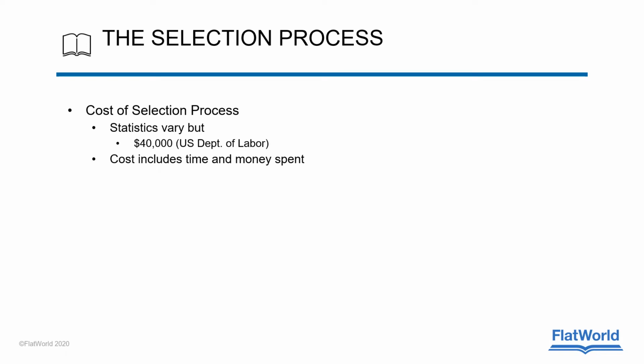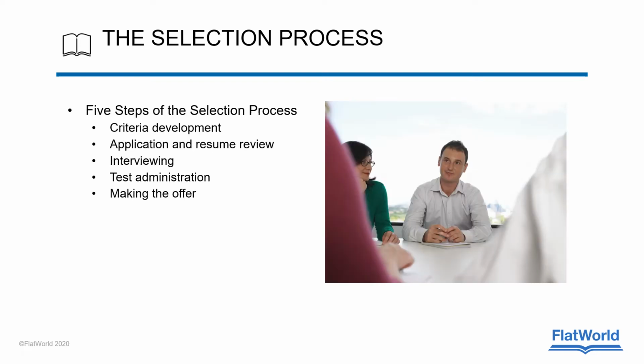The money spent could be things like purchasing software to compile, review, and search within the applications that are sent, but also the flying and the meals associated with the candidates who come in for the interview process. So lots of things go into that cost.